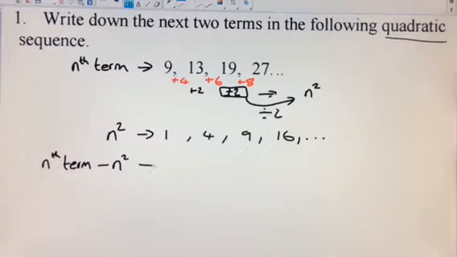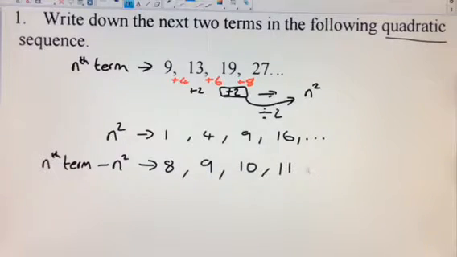That gives me the following sequence: 9 take away 1 is 8, 13 take away 4 is 9, 19 take away 9 is 10, and 27 take away 16 is 11. Okay, so I've now got this. So I did nth term take away the n squared, which gives me these values here.